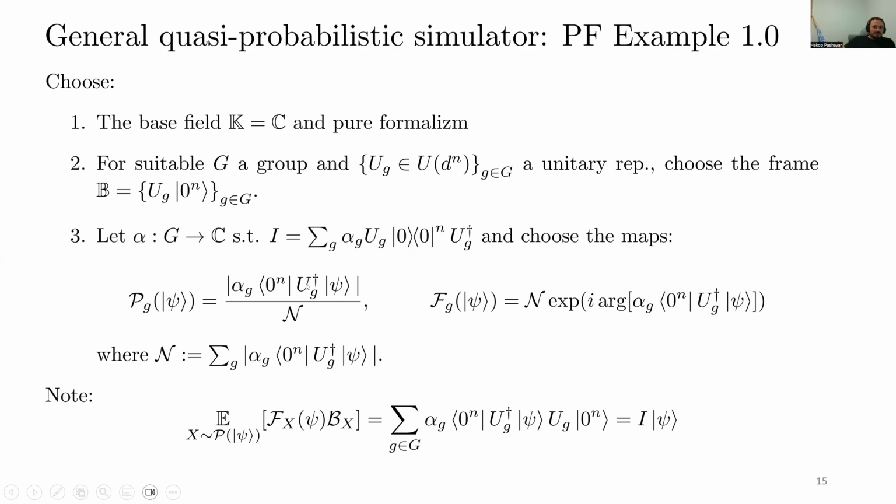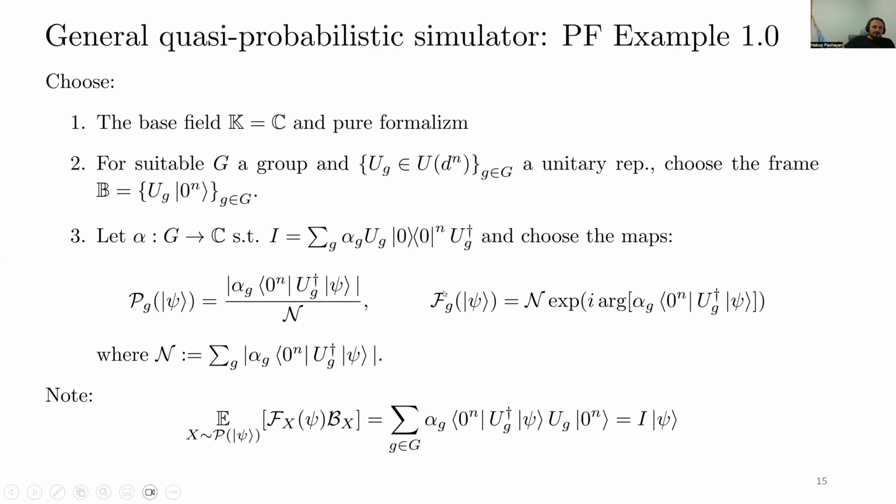So your P function is basically: take your psi and act on it with the bra frame element, and take the modulus, and divide by some normalization constant. Obviously the top is non-zero and positive, and the normalization constant just has to be the sum of the top over all G. So here it is. It's the sum of the top guy over all G.